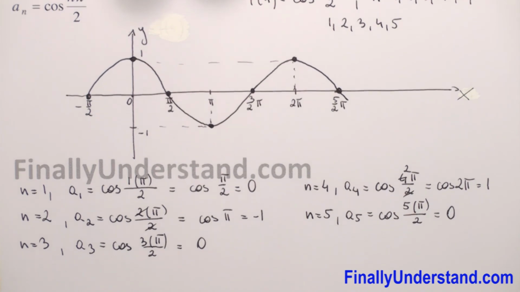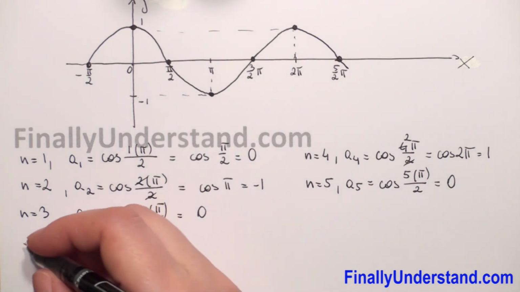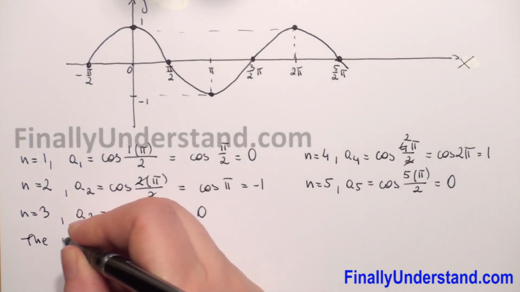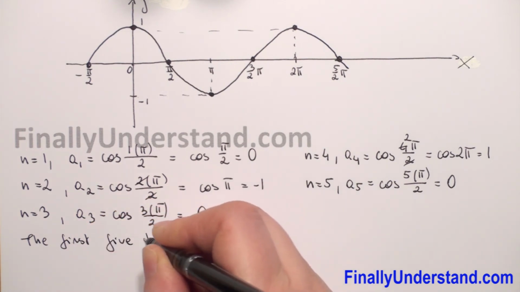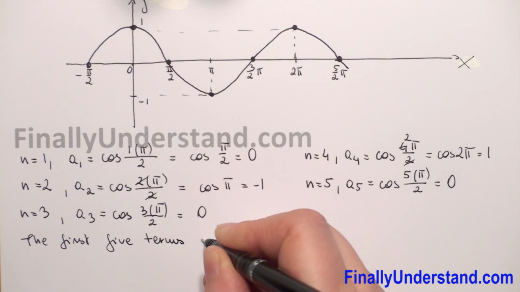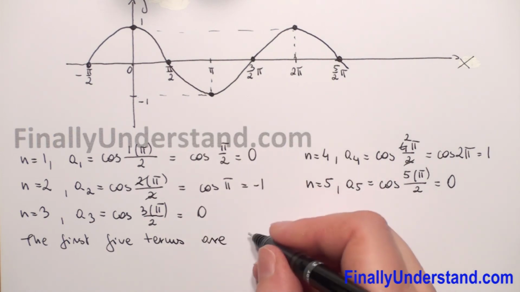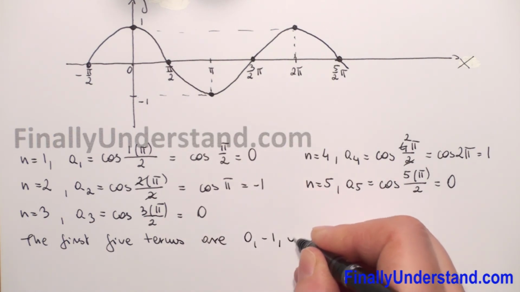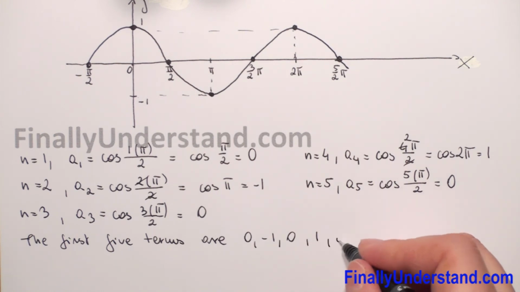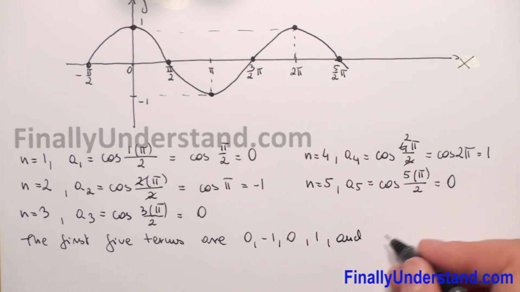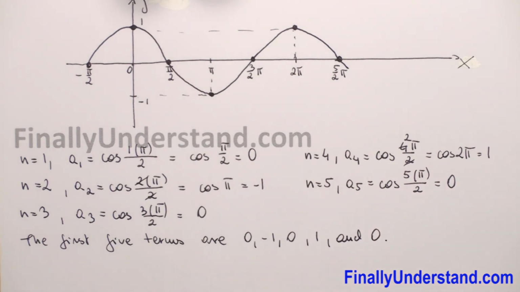So we can write the answer. The first 5 terms are 0, -1, 0, 1, and 0. This is my solution.